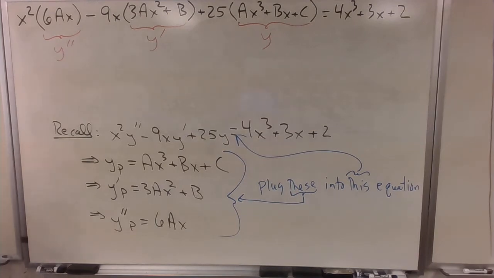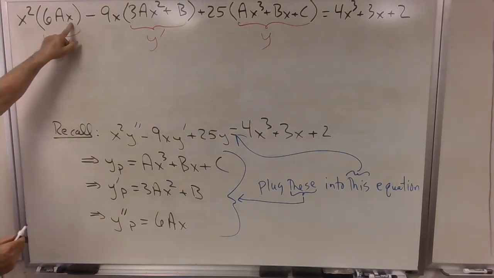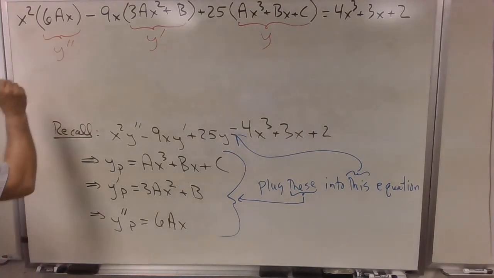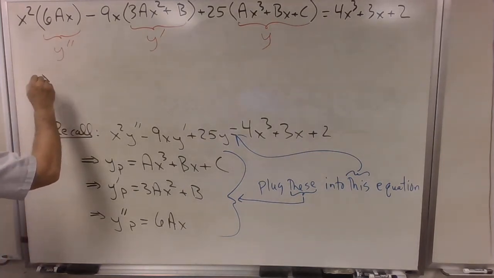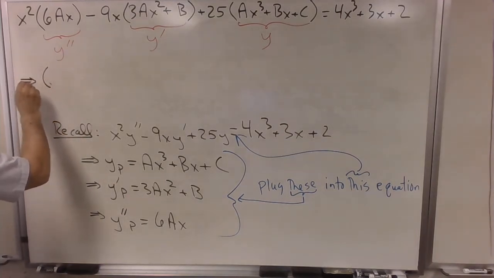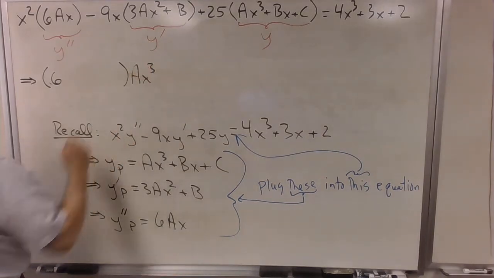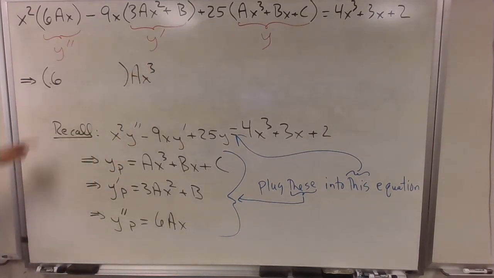I guess first I will look at all of my powers of x cubed. I have x squared times x is x cubed. So this is 6ax cubed. So we have 6ax cubed.